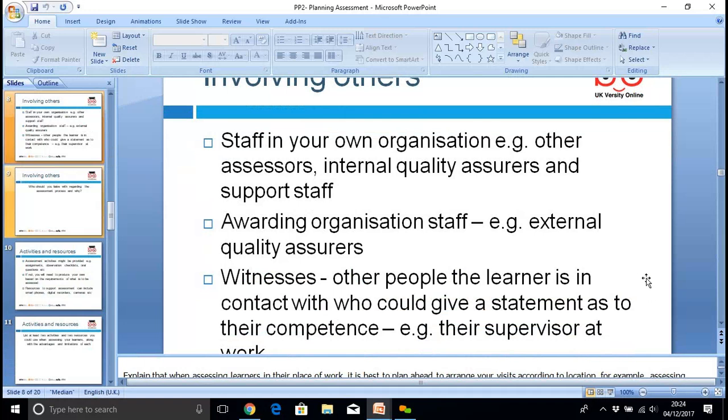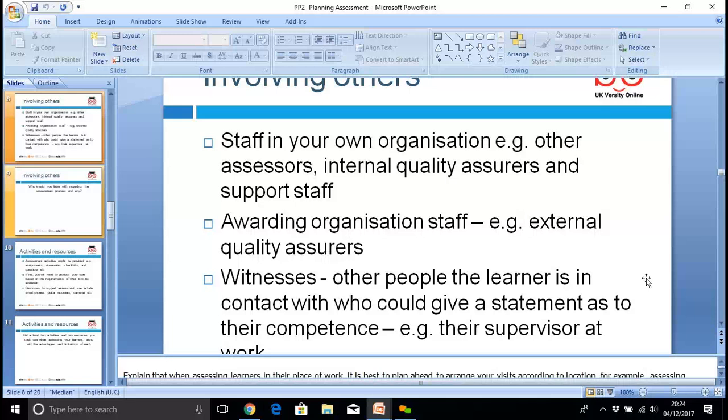Within your own organisation that you're working with or for, who is involved? You've got other assessors that may be helping you. It may be the internal quality assurers and support staff in that environment.